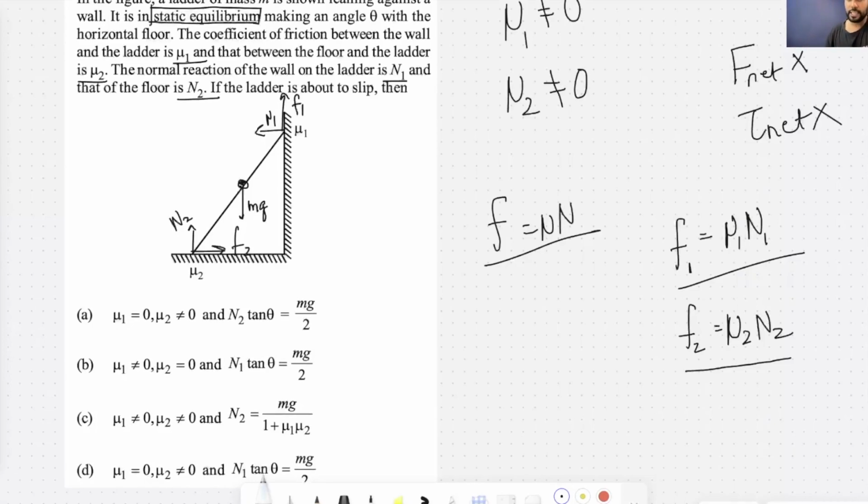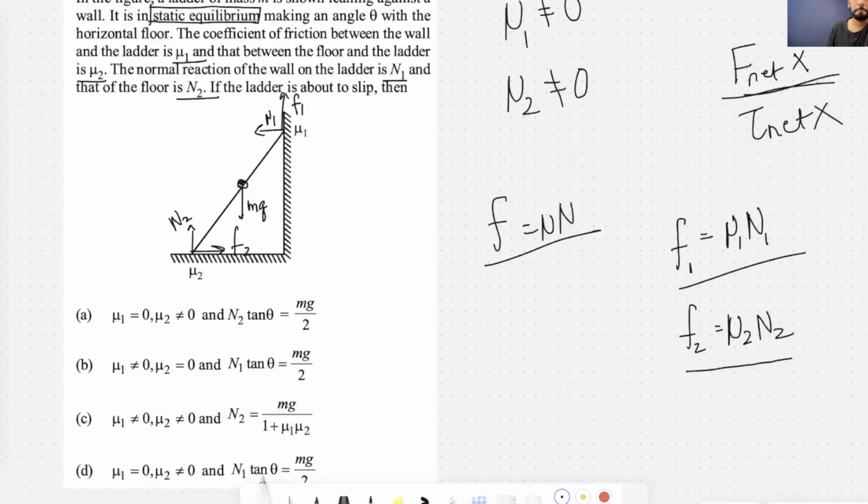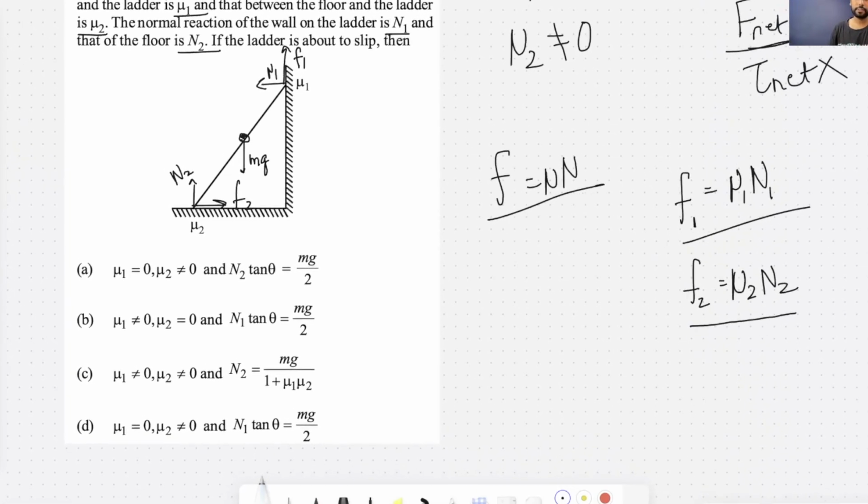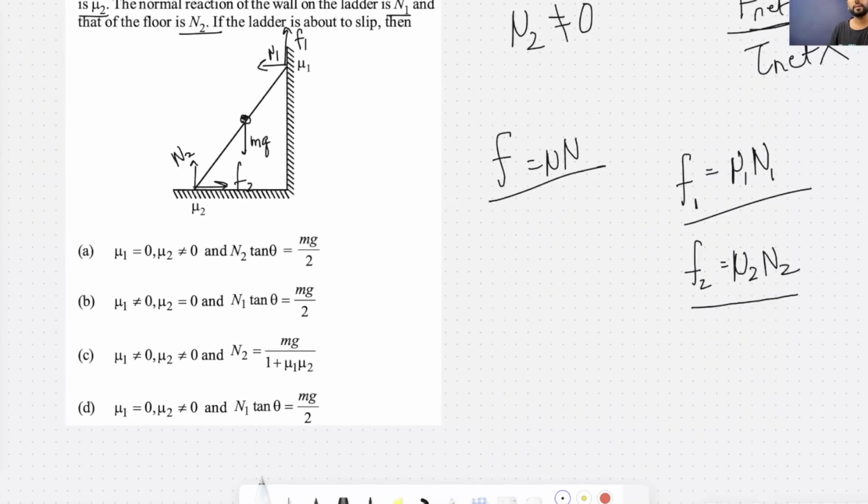Okay, it is in the static equilibrium. So since I'm dealing with forces, I should make sure that all the forces are balanced, right? I have forces here, right? N1, F1, mg, all are forces. Now if it is in static equilibrium, all the forces are balanced. Now how would I do that?